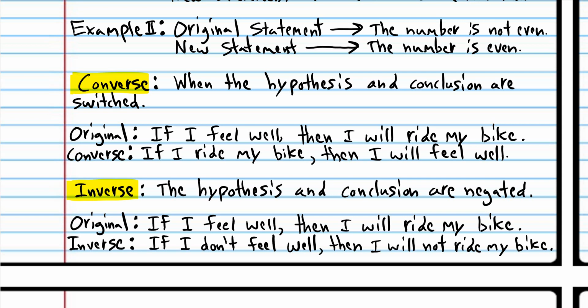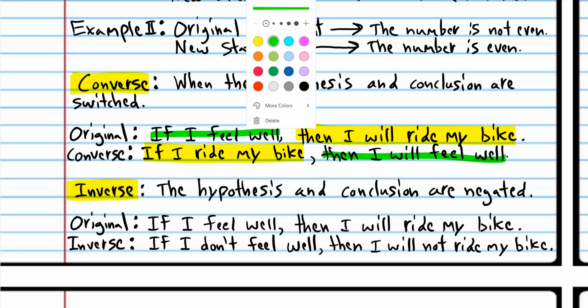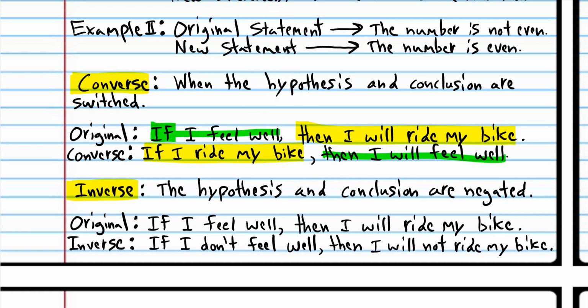The converse of that is when you switch the hypothesis and conclusion. So this part goes over here, and this part goes over here. Let me make that bigger. Do you understand? It's just when you switch the hypothesis and the conclusion. So that's pretty easy to learn.